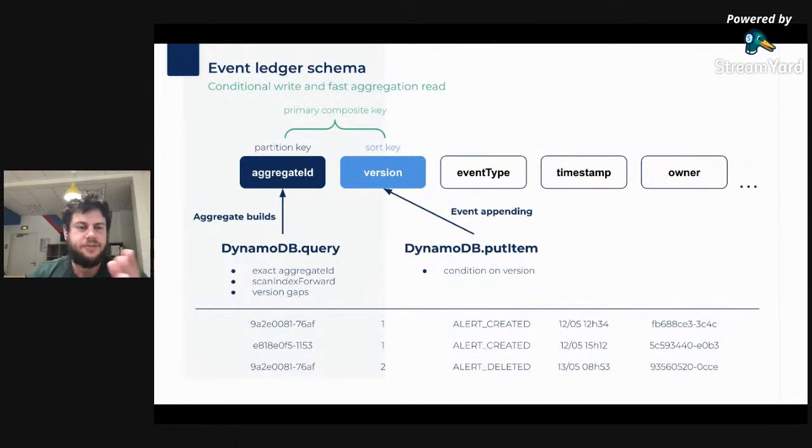Let's take a closer look at what we can find inside those two DynamoDB tables. First one we look at here is the event ledger, the audit log. What we will use to make sure we can easily write new events and build aggregates for the business validation of the command Lambda is a composite primary key.